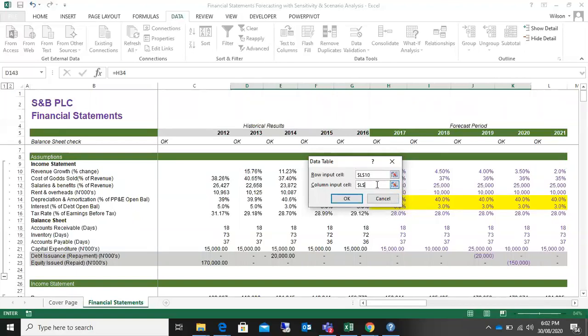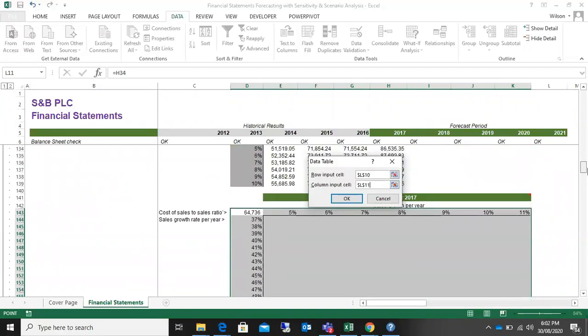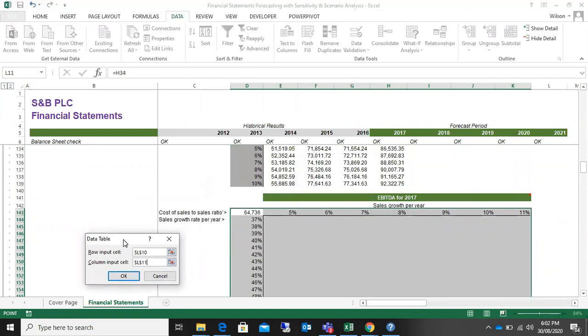Let's be sure we select the right thing, which is 35%. So I come down to where we have, so let's be sure we selected the right thing. Now, the cost of sales to sales ratio is the first thing, which is the row. I don't know if we selected the right thing.